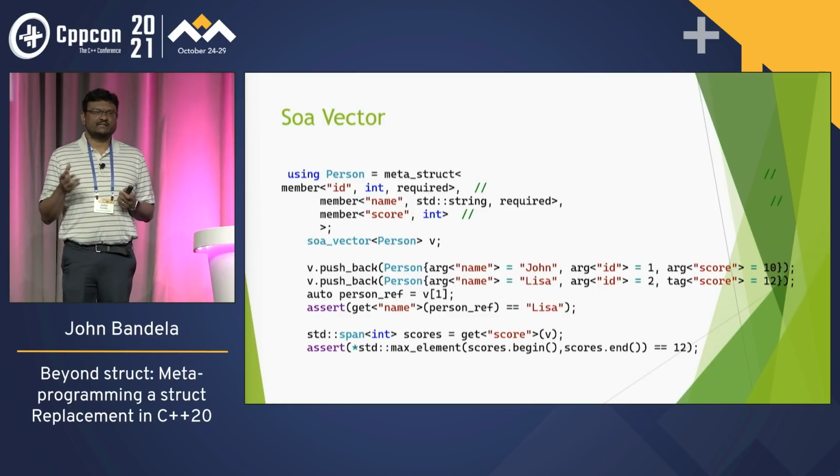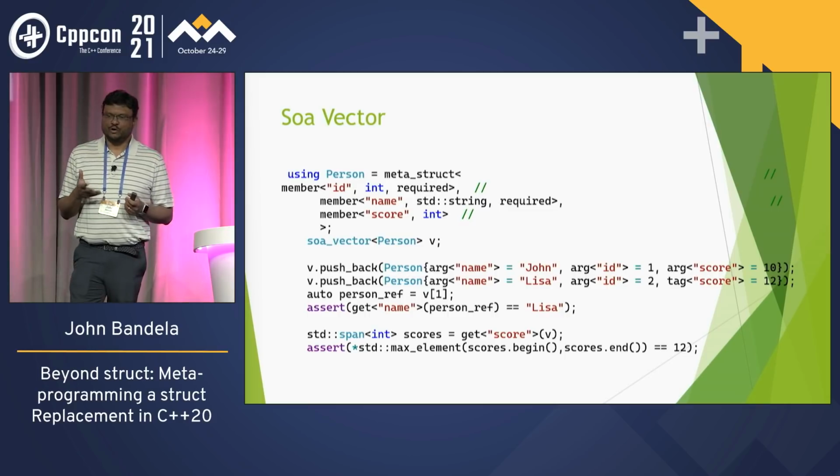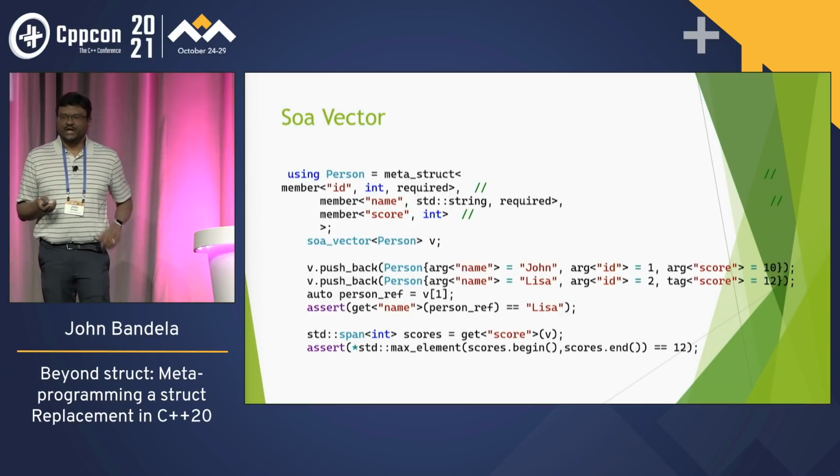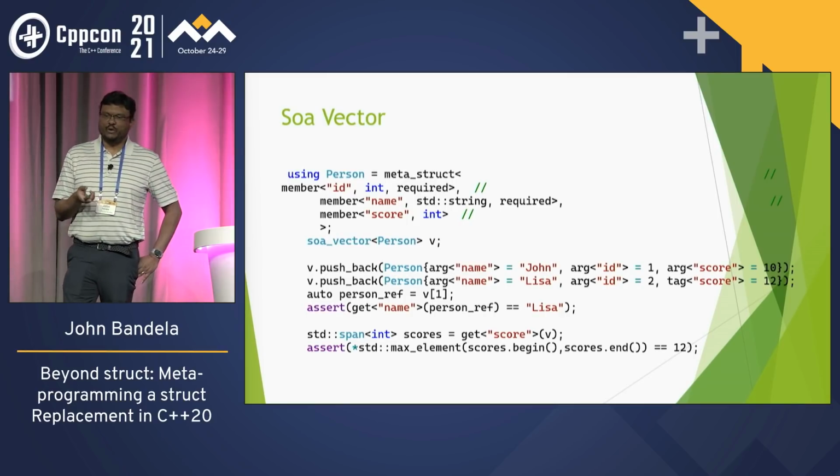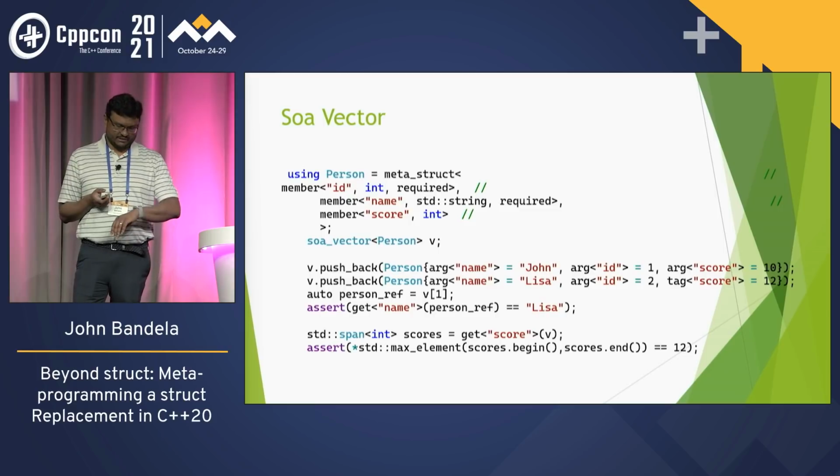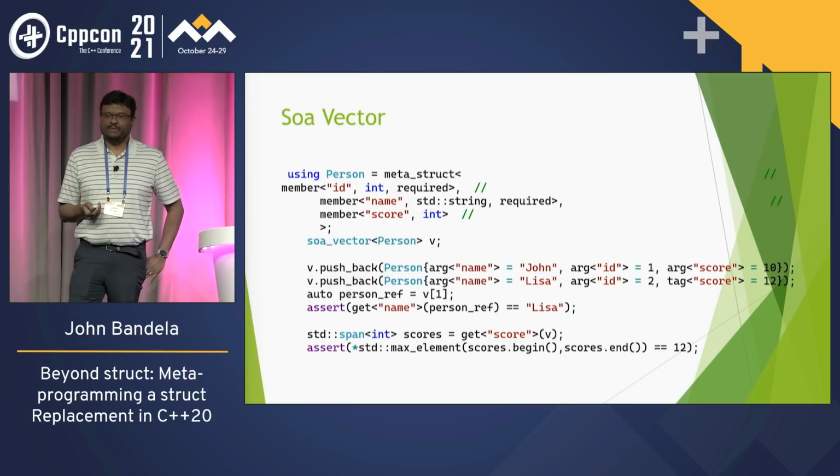And a person ref is basically a person, where we can transform each type, depending on if you're constant or not, into either a constant or a non-constant reference. So person ref would have ID, int ref, name, string ref, and so on, right? So then we can process it in the same way. We can get the name just as we would from a person. The other thing we can do is we can get ourselves a span, right?